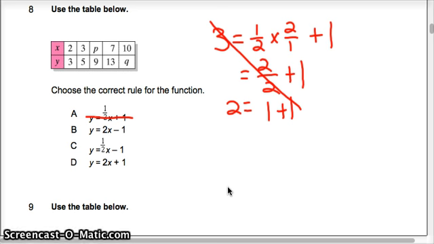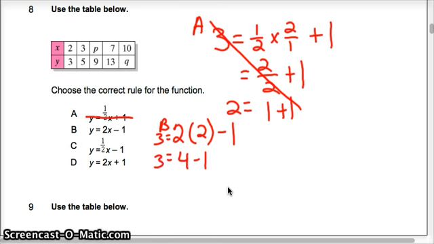If I look at the second one, which is B, so I have 2, I'll label these so you can see them a little bit clearly. 2 times 2 minus 1. Well, I want 3 as my answer. 2 times 2 is 4, minus 1 is indeed 3.